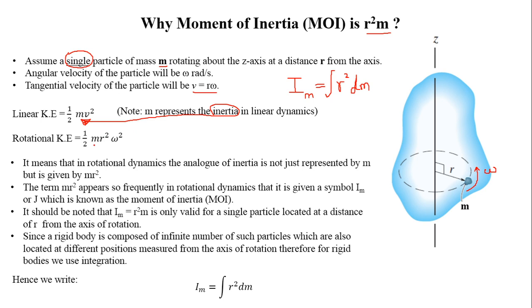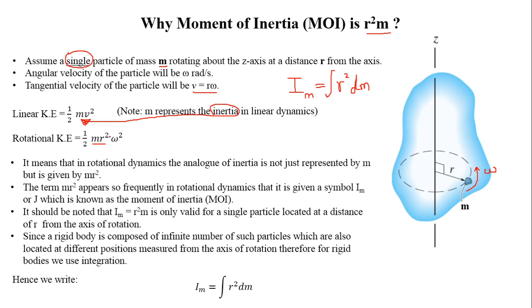So we see that in place of m, while dealing with rotational kinetic energy, the product m r square has appeared. This gives us the idea that in rotational dynamics, inertia is not just represented by the mass m, but by the product m r square.